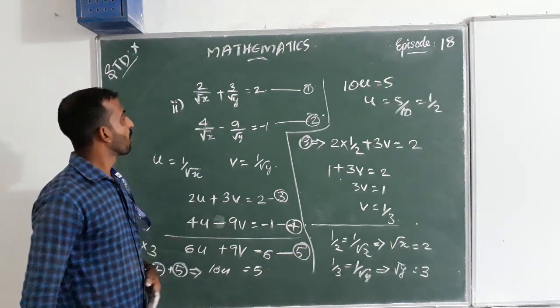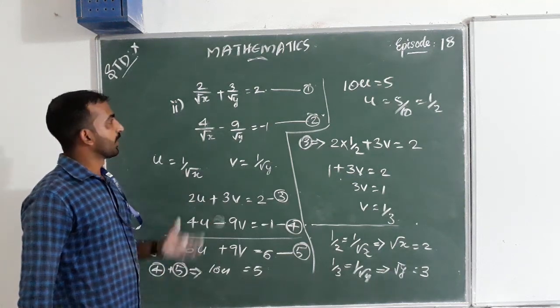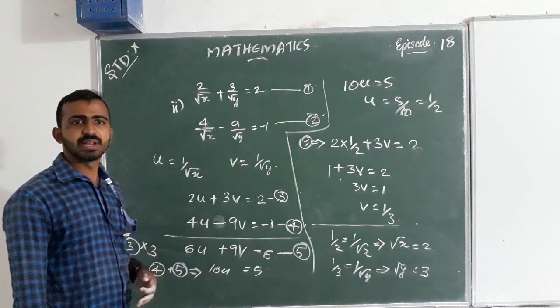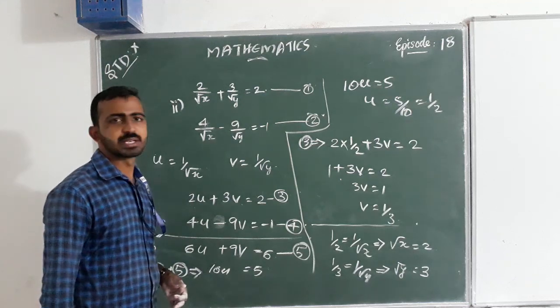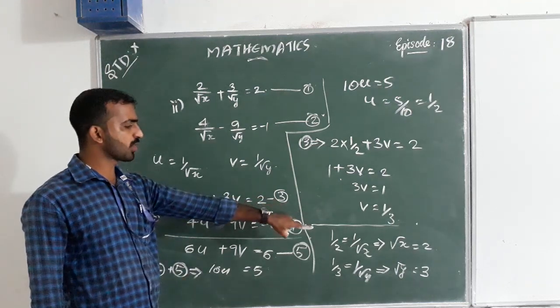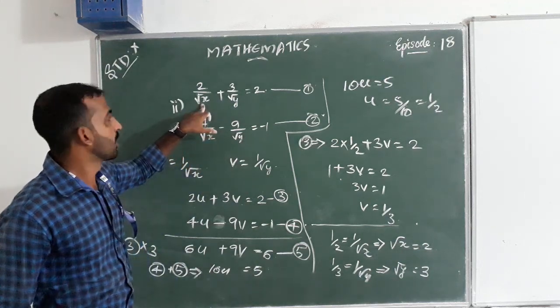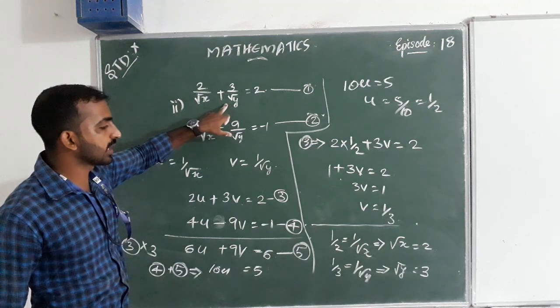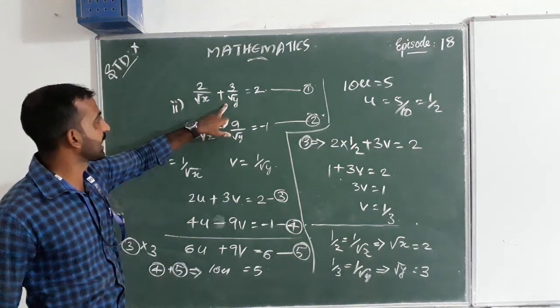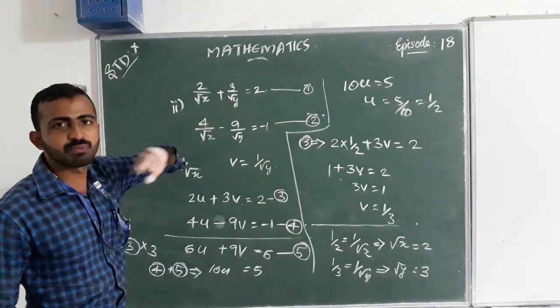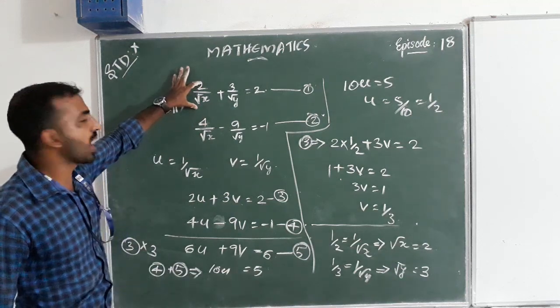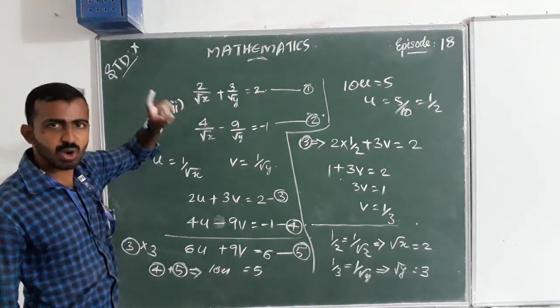When we give the values of root x and root y, we get the answer. We can check. Root x is 2. That is 2 by 2 plus 3 by, what is the value of root y? 3. 3 by 3 equal to what we get? 2 by 2 is 1, plus 3 by 3 is also 1.